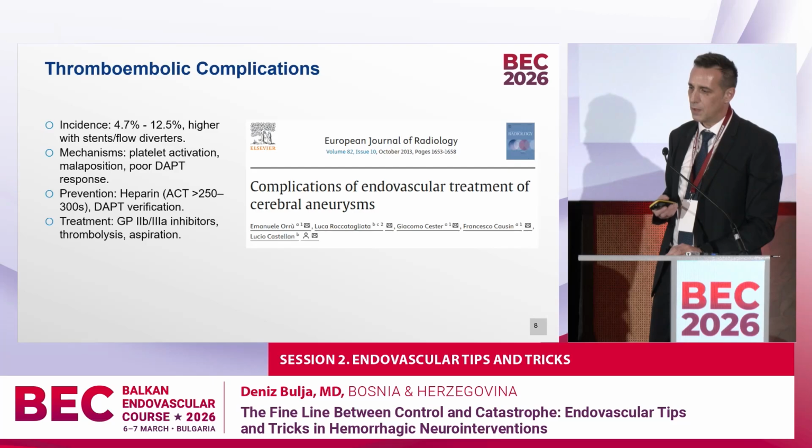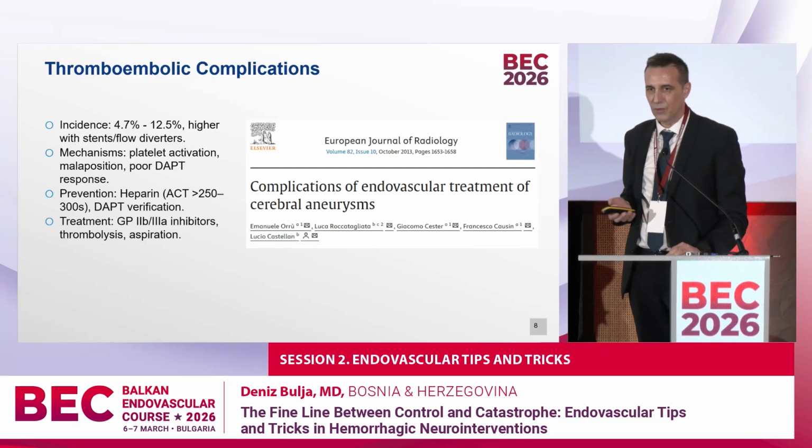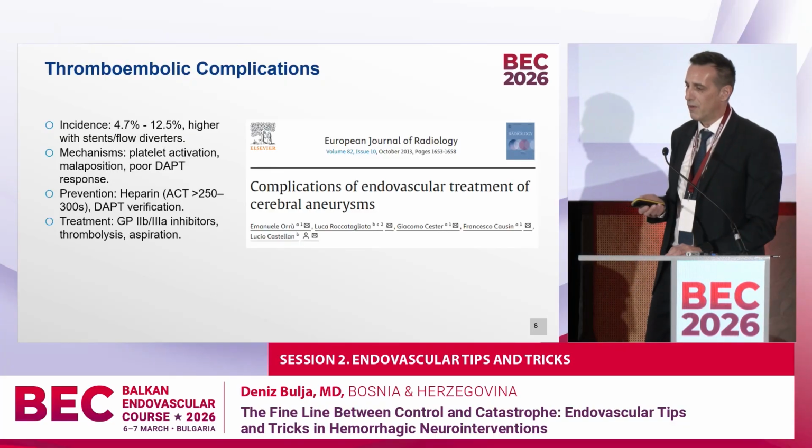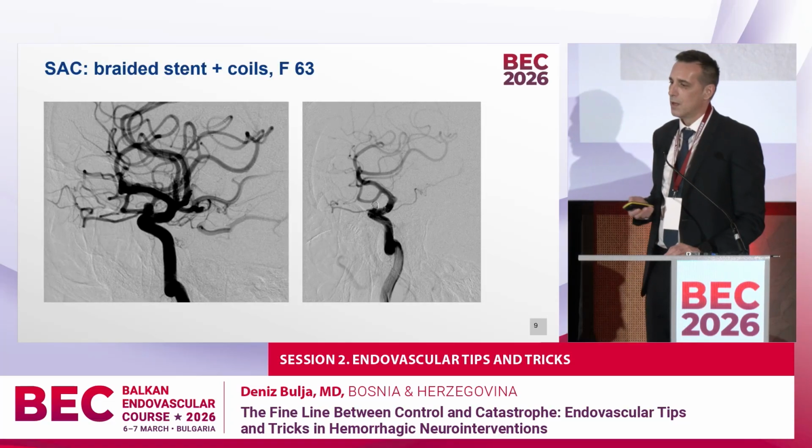In truth, if you run through the literature online, you will find an incidence from 4.7 to 12.5%, being higher with stents and flow diverters, because of different mechanisms or technical faults made before. However, it can be easily prevented or treated.